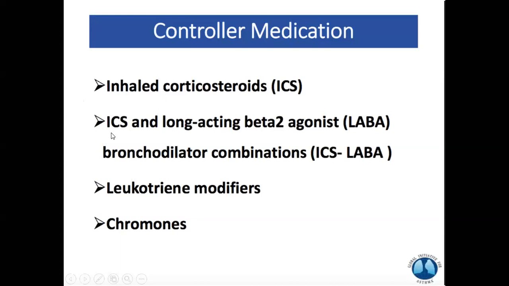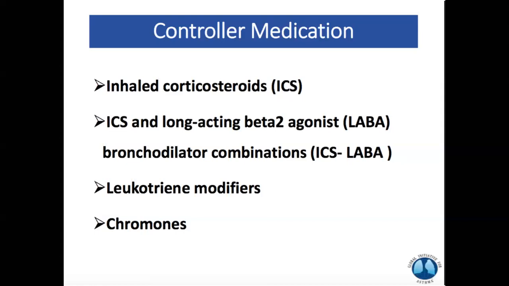Then since there is stepping up, if a low dose inhaled corticosteroid doesn't improve, you go for the medium dose, then high dose. But high dose corticosteroids are going to have some side effects. To avoid that, we add inhaled corticosteroids along with long acting beta 2 agonists. We call that LABA, long acting beta 2 agonist. Salbutamol is a short acting beta 2 agonist.